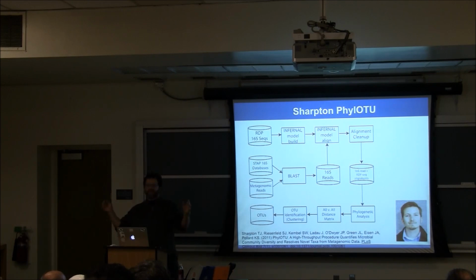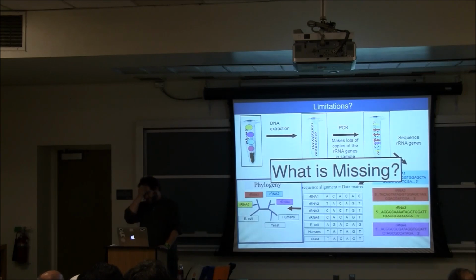And that collapsing into clusters is largely done by non-phylogenetic methods, by similarity-based methods, and those have certain areas where they perform poorly. So Tom developed a phylogeny-driven method to do this OTU clustering rather than a simple similarity-based metric.